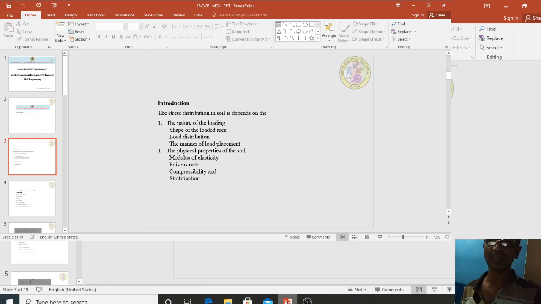When these differ, the stress observing and stress transferring capacity will also differ from one layer to another. These are all the factors we have to consider in calculating stress distribution in the soil.